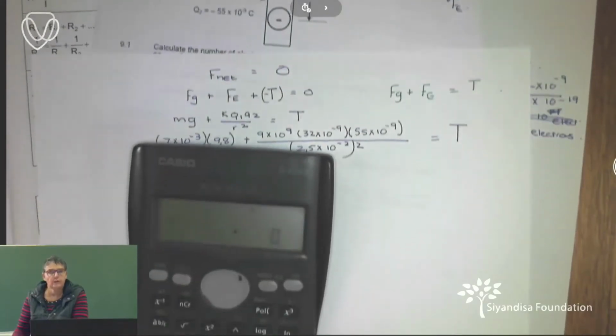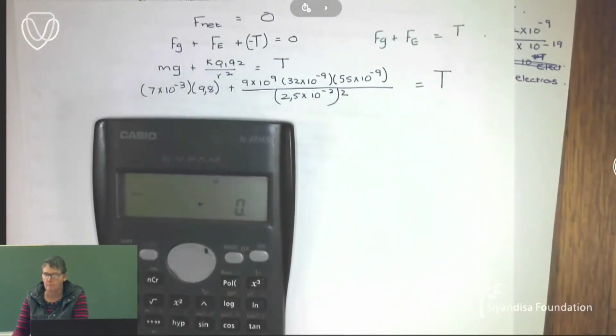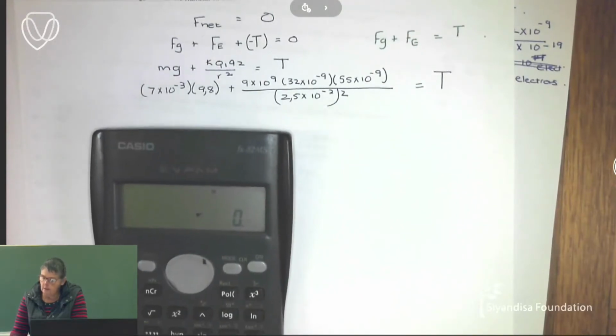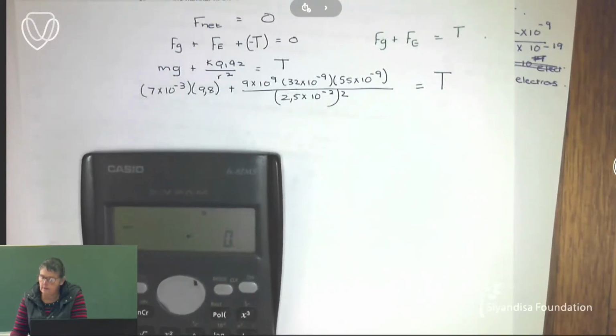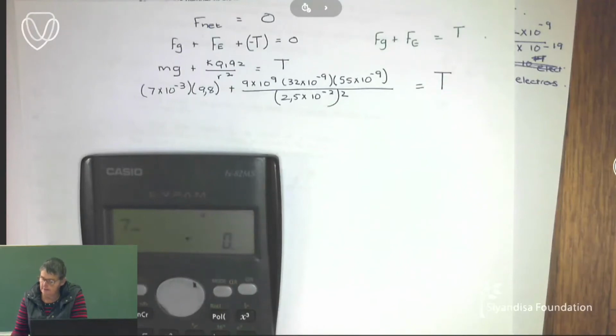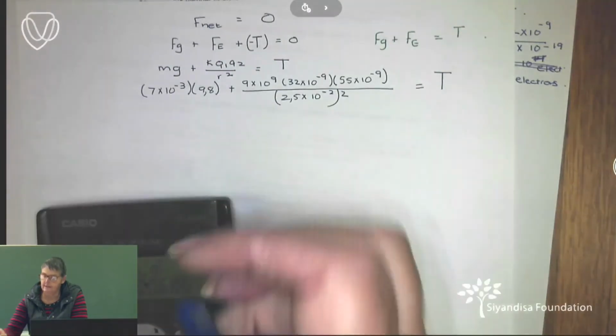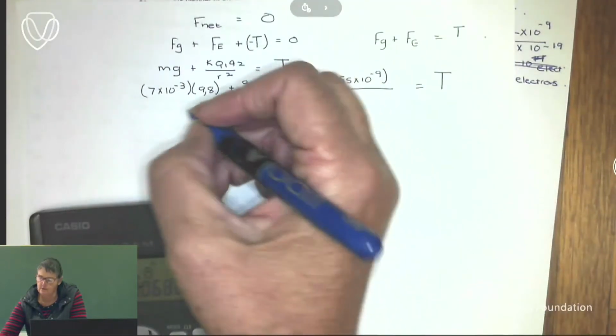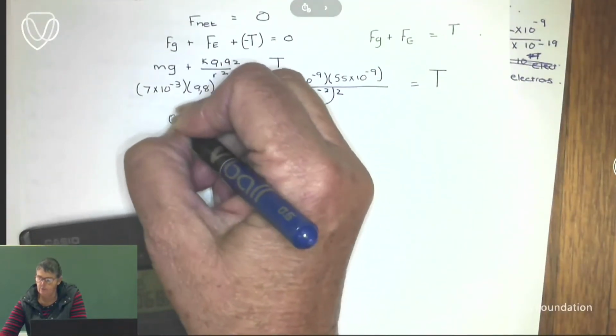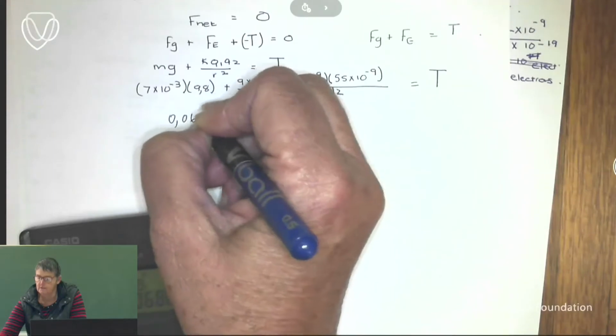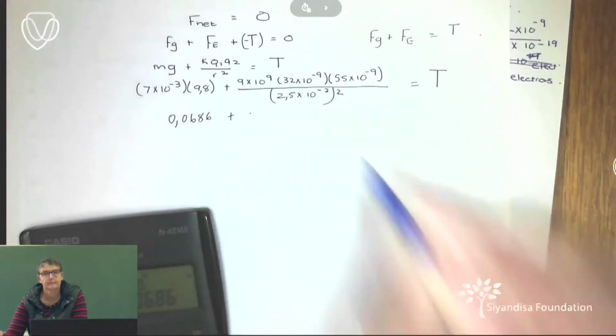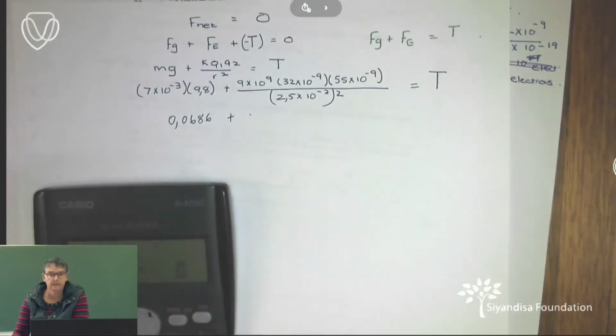Right. So we're going to have 7 times 10 to the negative 3 times 9.8. Right, that gives me, I'm going to write this down just because it's an easy number, 0,0686 plus. Right, now I'm going to work out my next one.